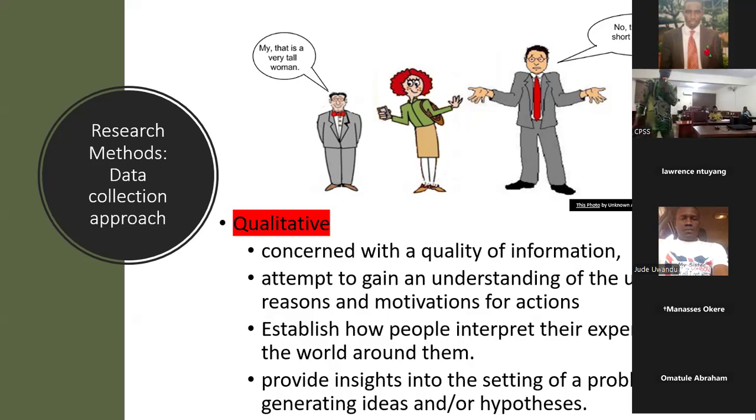Okay, Prof. Online. Go ahead. Okay, Prof. From my own observation, could there be an effective qualitative research without first a quantitative research? That is one, because you begin to analyze in a qualitative research from what you have at hand, from the data collected, the numerical data or observation you have made in quantitative research.